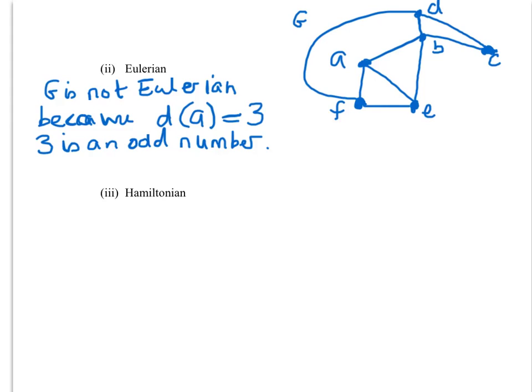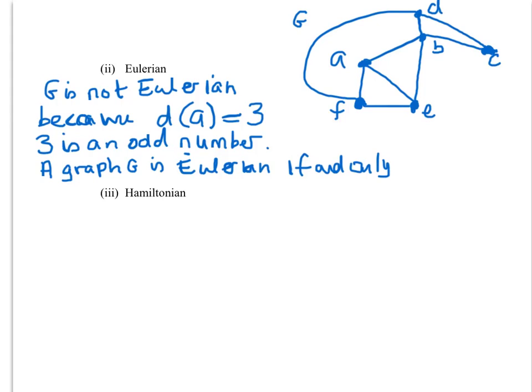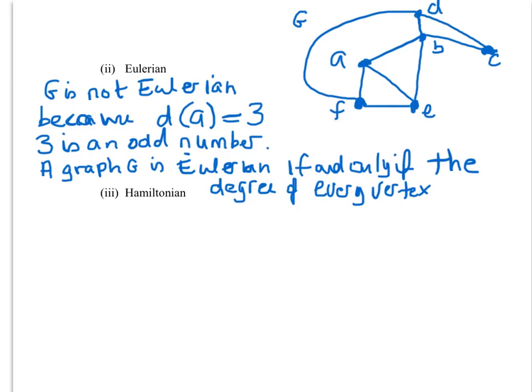And as I said to you, a graph G is Eulerian if and only if, I'll write it in words, the degree of every vertex of G is an even number.